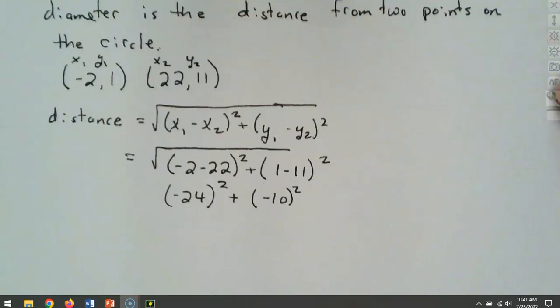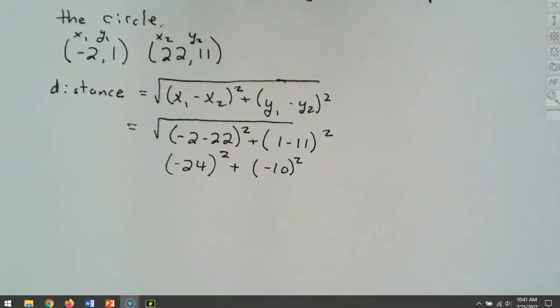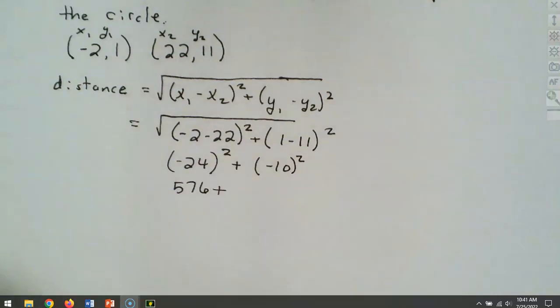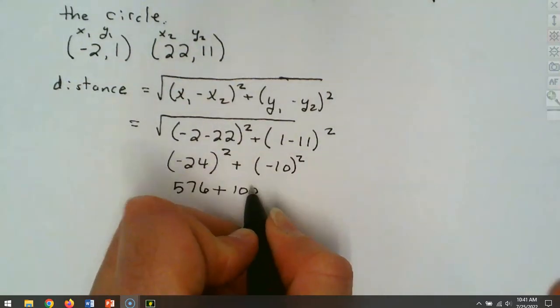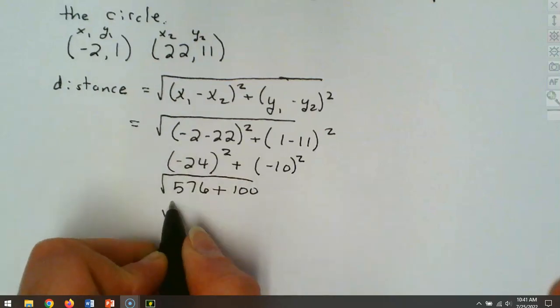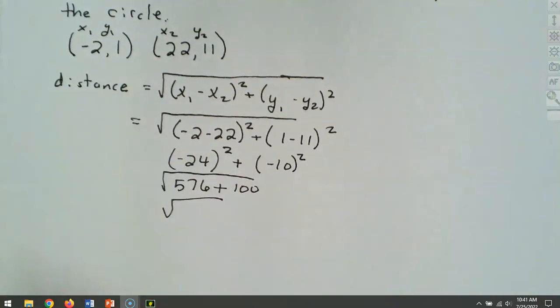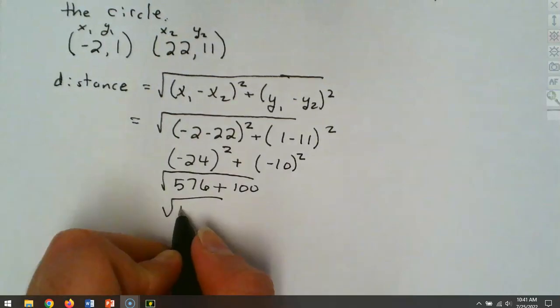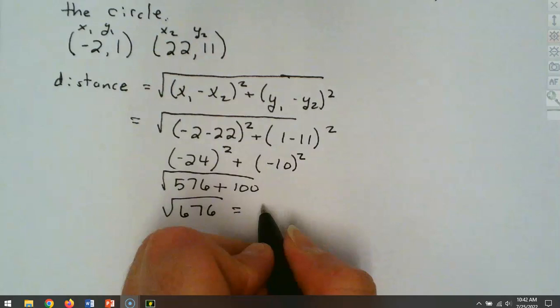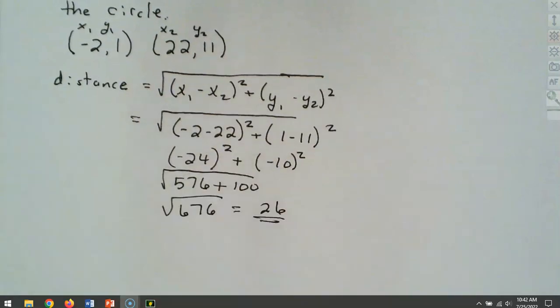Remember, when we square a negative, it becomes a positive. So that's 576. 10 squared is 100. Remember, this is still underneath that root. So that comes out to now be the square root of 676, which is a perfect square of 26.